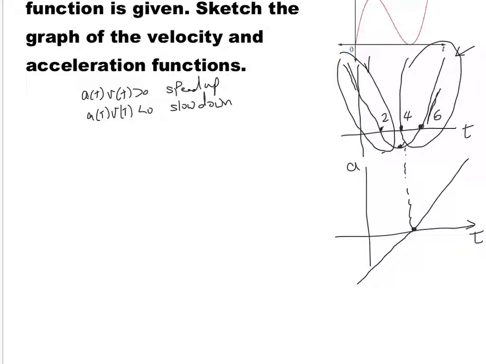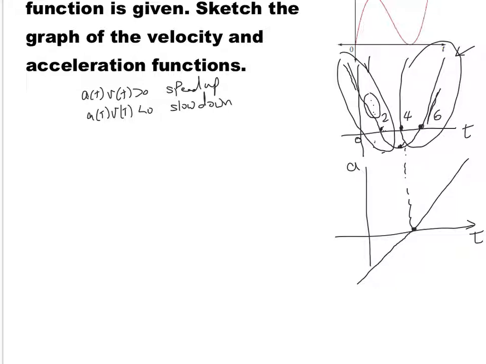Now let's divide the intervals, as I have indicated here, from time 0 to 2, 4, 6, and over 6. Now when we look at the interval 0 to 2, you can see that the velocity, which is here, is going to be positive, but at the same time the acceleration is negative. So in this interval between 0 and 2, velocity times acceleration is going to give us a negative value. So this means that the object is slowing down.